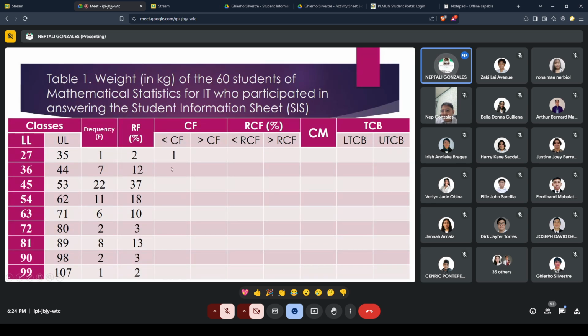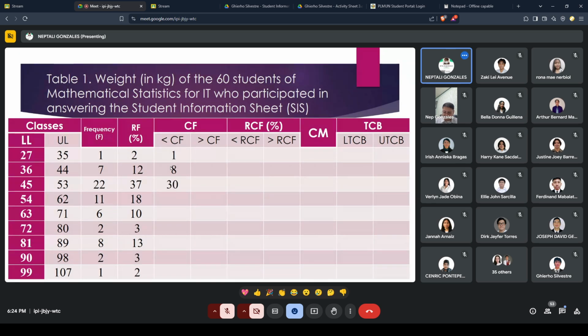To know the next cumulative frequency, if less than, you will just add the next frequency. So 1 plus the next frequency, which is 7, that's why it's 8. To know the next less than cumulative frequency, add 8 plus the next frequency, which is 22. So 22 plus 8, it should be 30.